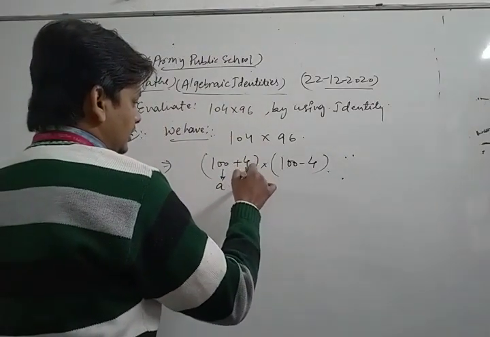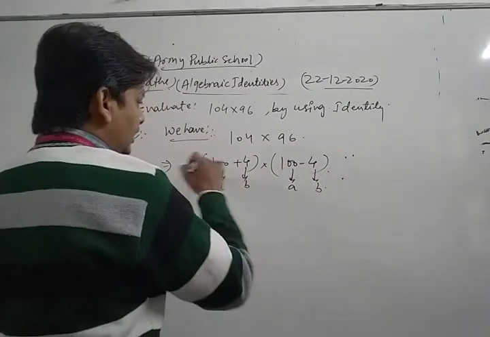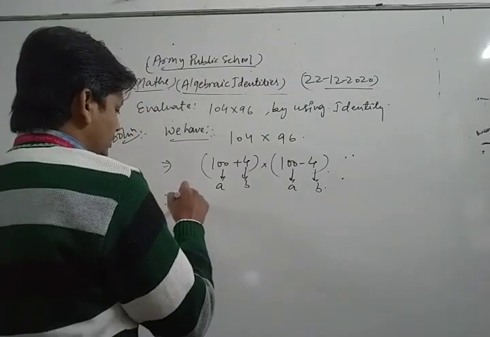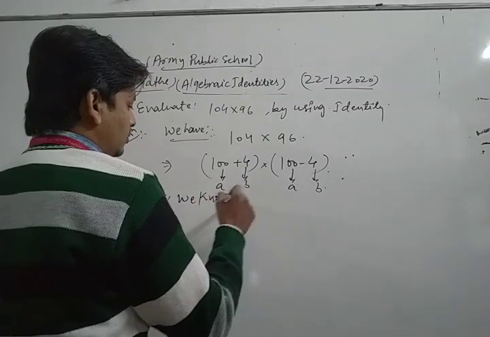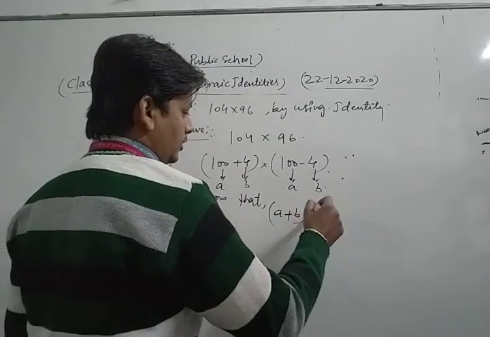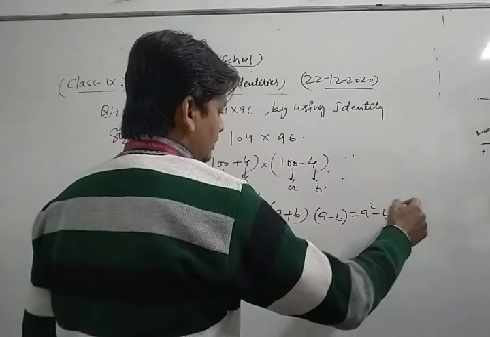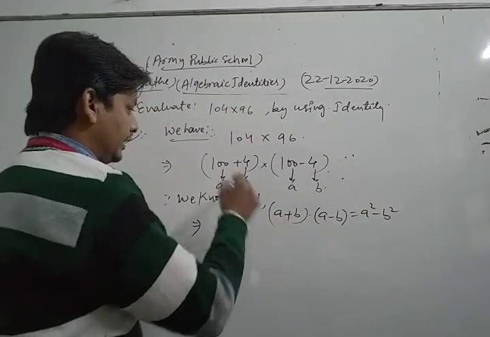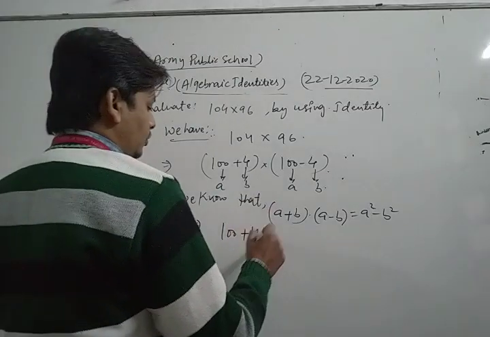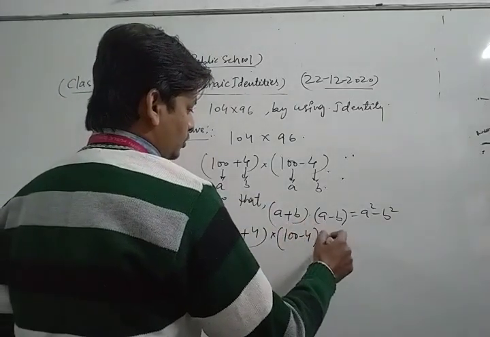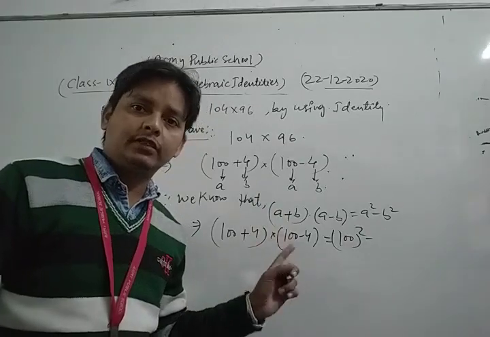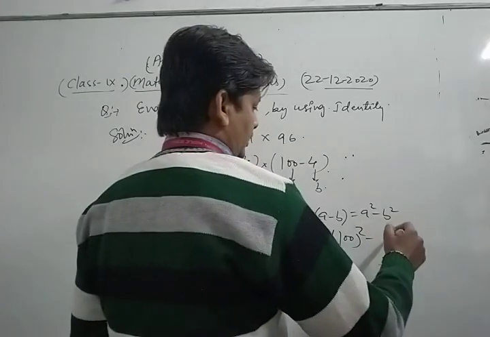Let us take this as A, this as B, this as A, and this as B. Then this is the form of A plus B into A minus B. Since we know, dear students, that a plus b into a minus b is equal to a square minus b square, we write a as 100 and b as 4. Thus 100 plus 4 into 100 minus 4 is equal to 100 square minus 4 square.